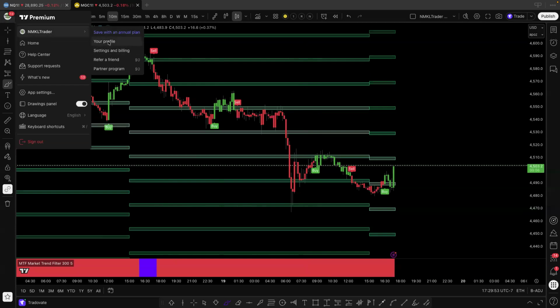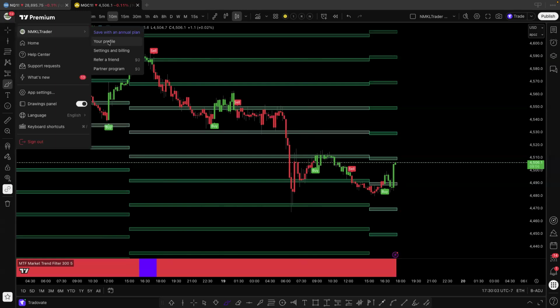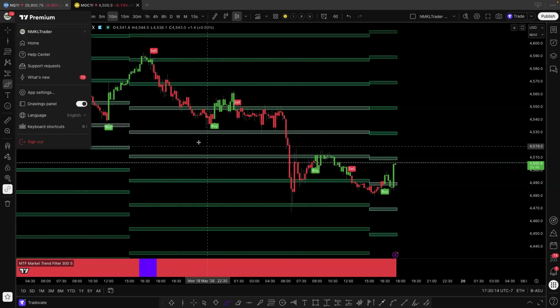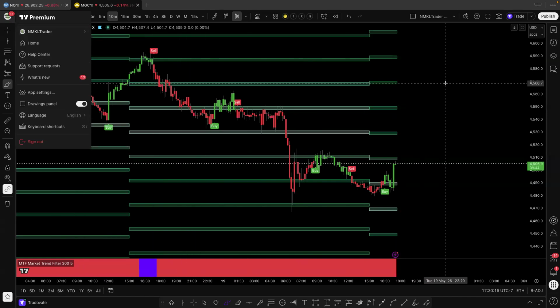Make sure in your profile that you have your phone number aligned to your account. That is very key. That way, when you set up an SMS alert here in a few minutes, you're going to see that it'll go to your phone.